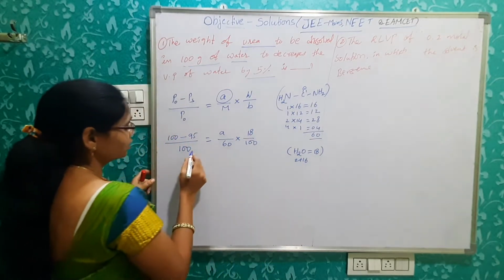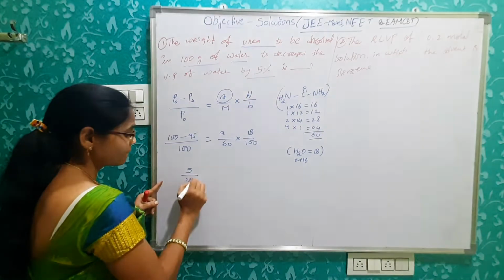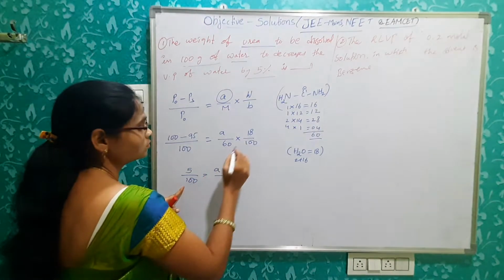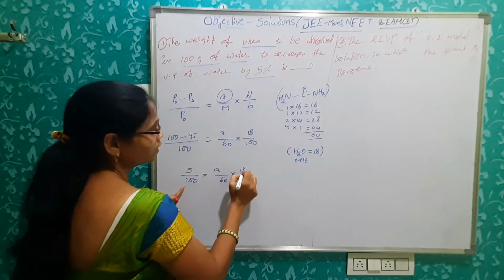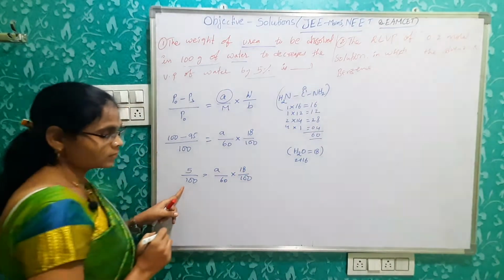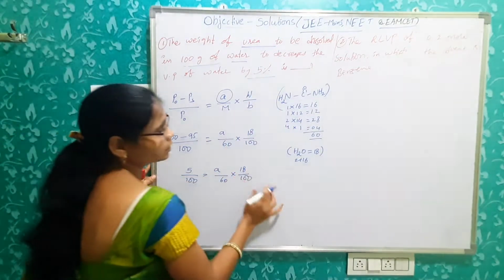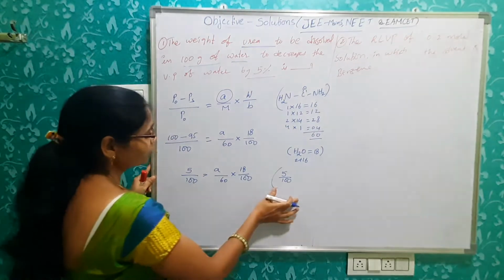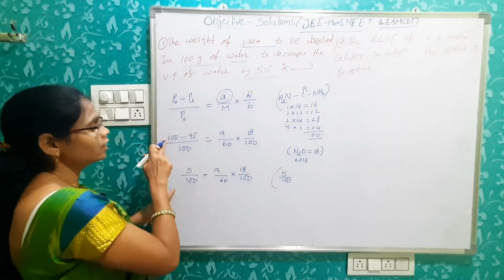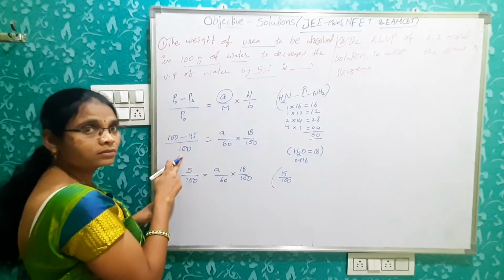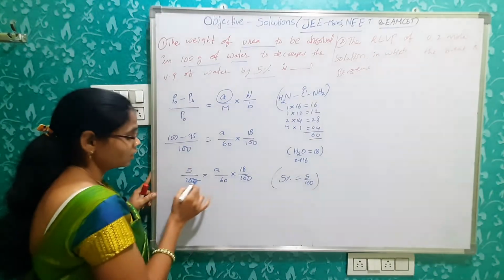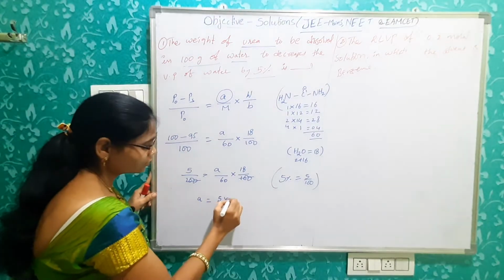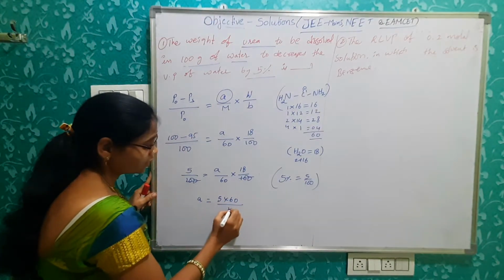Then 5 by 100 is equal to A by 60 into 18 by 100. By this question, 5% means we write 5 by 100, or 100 minus 95 by 100. Clear? 100 cancels. A is equal to 5 into 60 by 18.